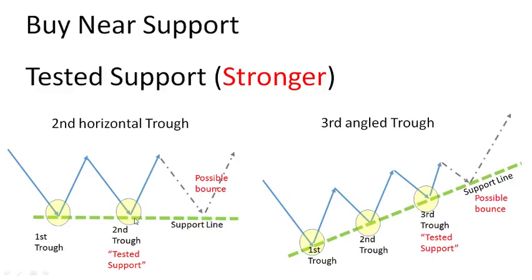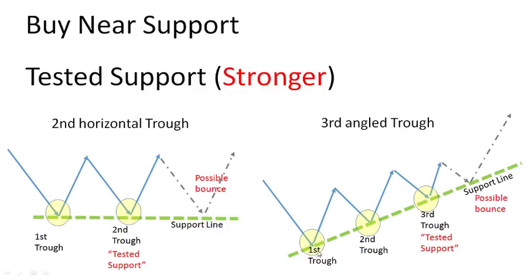And then, there's this second trough wherein it tested the horizontal line. So, it tested the known support. And then, the next time price revisits that support line, there's a possible bounce pa rin, which is stronger. When a support is tested, it gives you more confidence na it will hold.